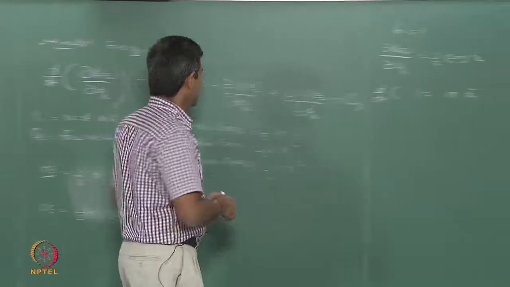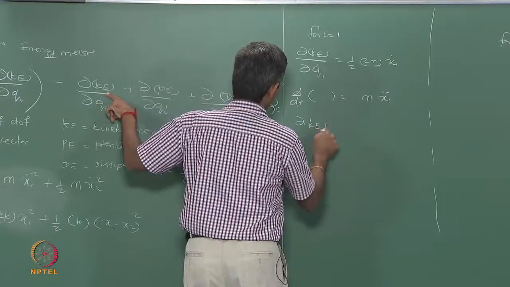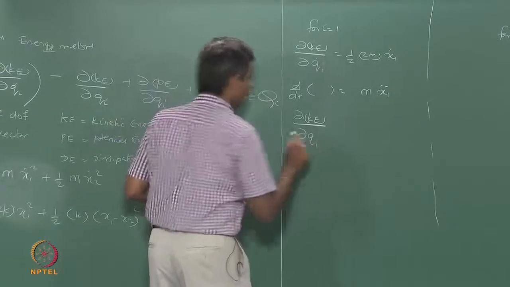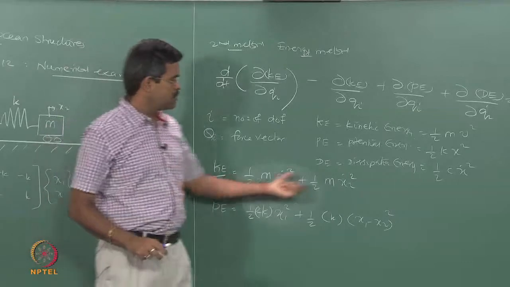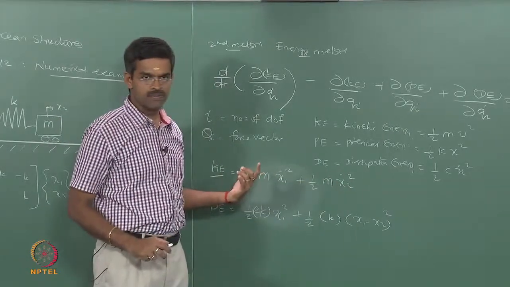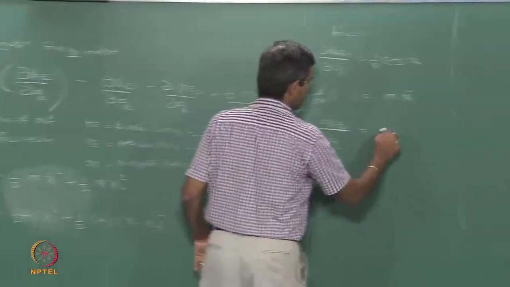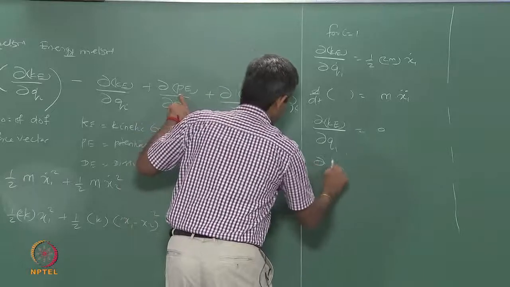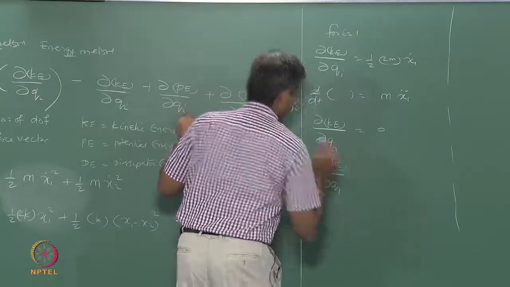Okay. Then I require partial derivative of kinetic energy with respect to q_i or q1. In kinetic energy, I do not have a term related to displacement, all terms are related to velocity. So, 0. Then I should say potential energy with respect to q1.